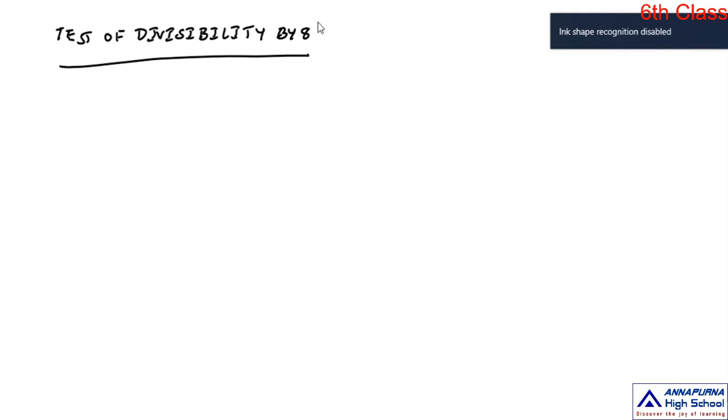Next one, test of divisibility by 8. If a number is divisible by 8, then the number formed by its digits in hundreds, tens and units places is divisible by 8. Whether a number is divisible by 8 or not, we check by using the test of divisibility by 8. 5,69,288.